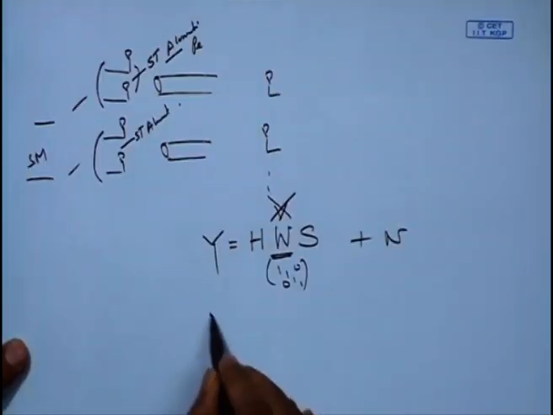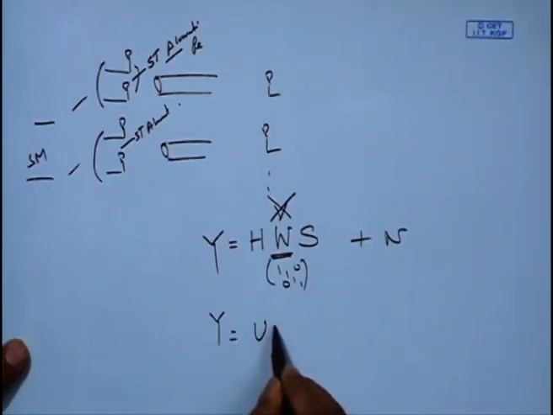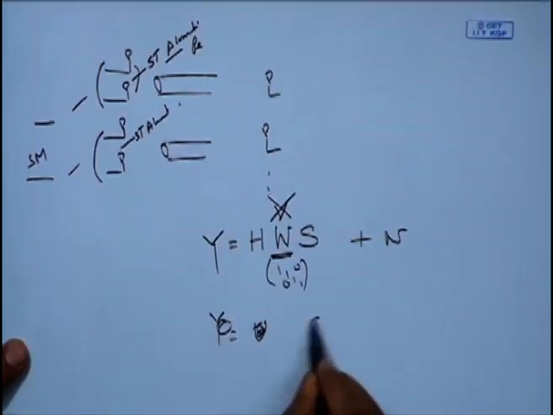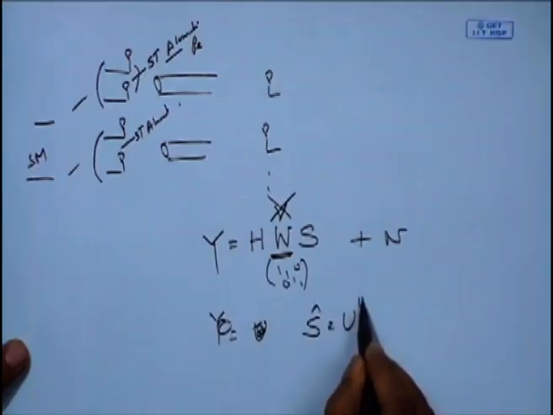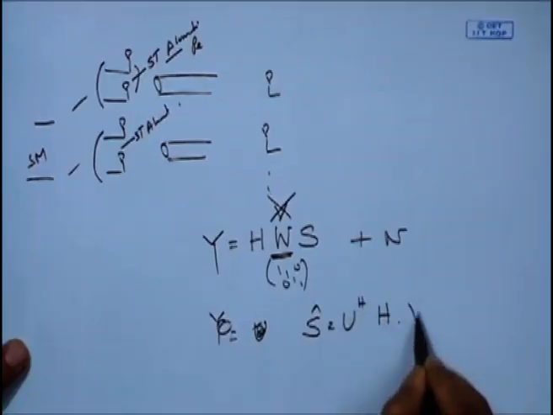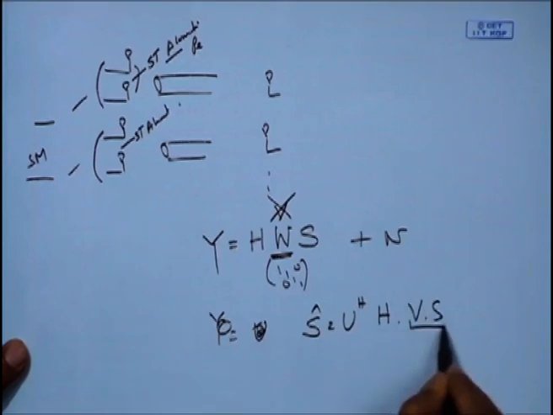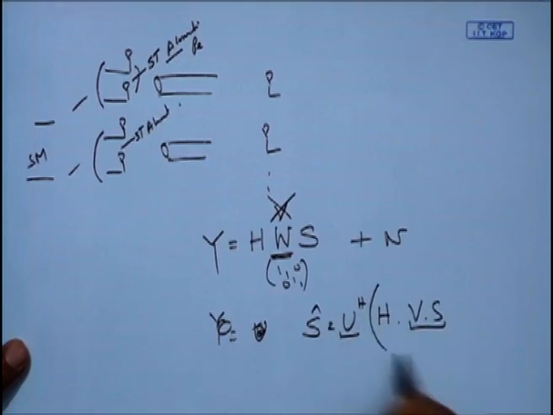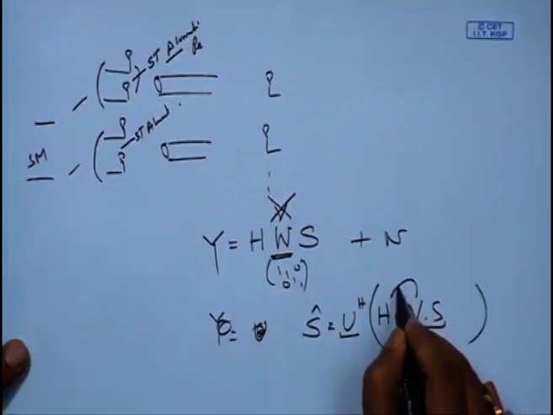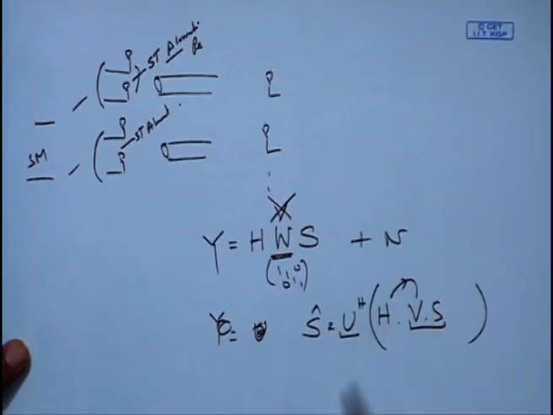In the SVD case we had S estimate is U Hermitian times H times V times S. This was at the transmitter side, this was at the receiver side, and U is a function of H, right.